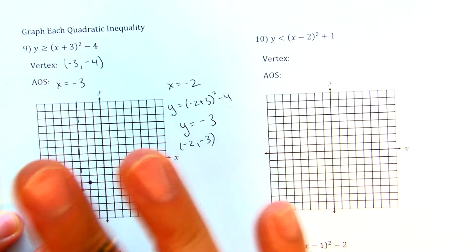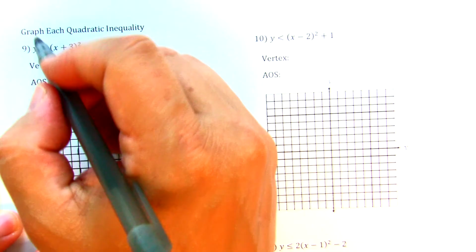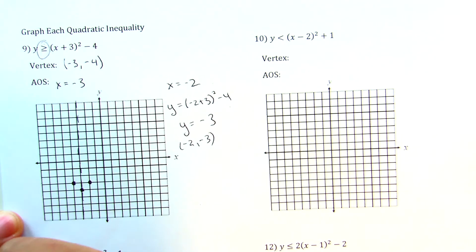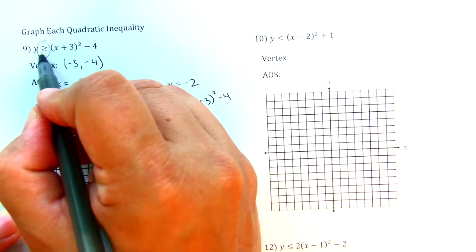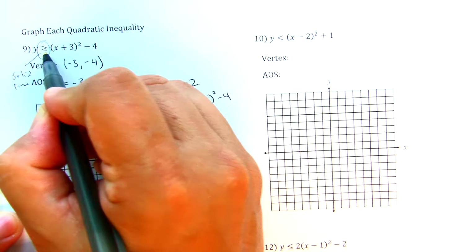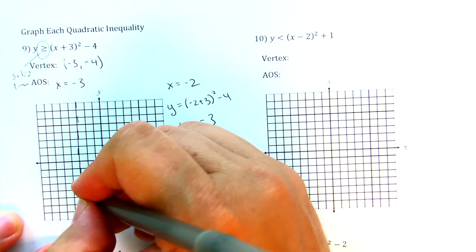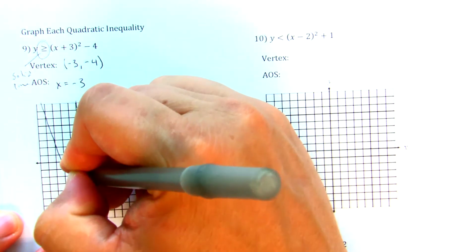Now before I go to graph this, just like we did with the absolute value inequalities, I want to look at the inequality symbol that I've got here. It's greater than or equal to, so that means a solid line, because or equal to means I'm going to include the line that I draw here. So my graph looks something like this.